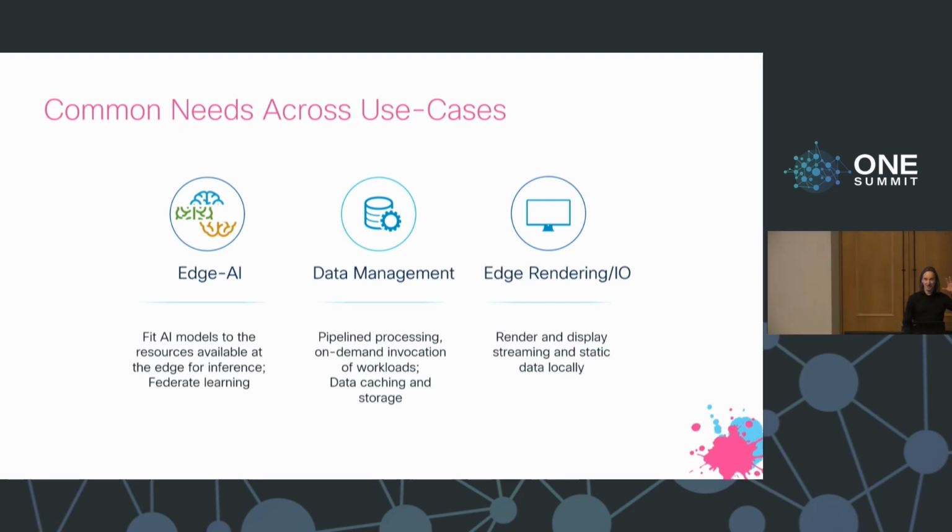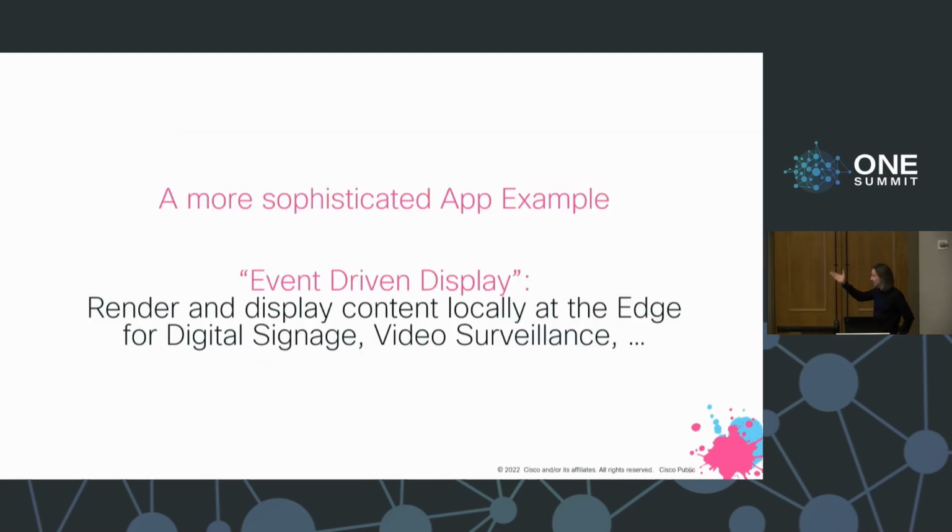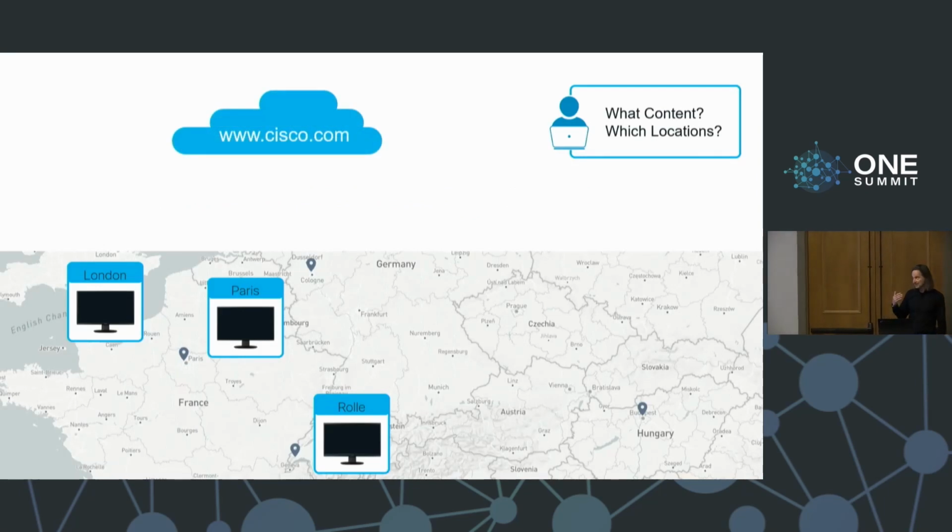Because, as I said, in many cases these nodes have locally attached displays, because you want to show something, whether it be an RTSP stream from a camera, or the results of something, or digital signage, rendering content that was declared in the web somewhere else. And from an access pattern perspective, it's very edge native again.